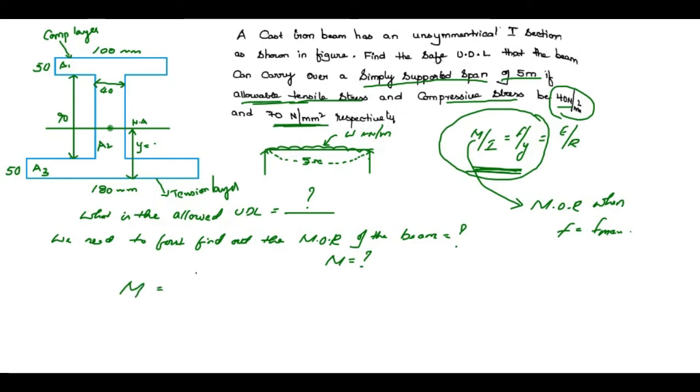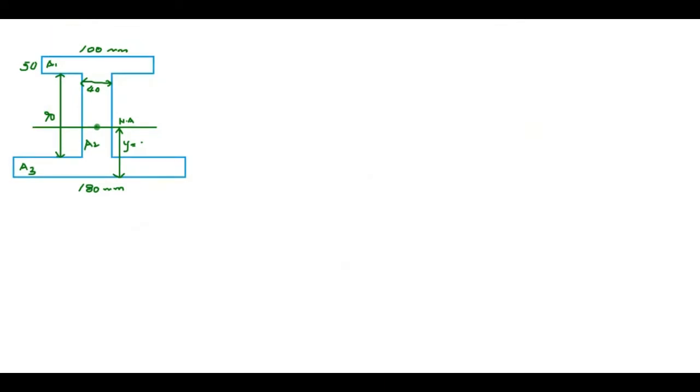If we write this equation in this way, M is equal to F by Y into I. I do not know what I is, isn't it? And what is Y? Y should be equal to Y max, isn't it? So now, how do you calculate I? In order to calculate I, I need to know the location of the center of gravity.